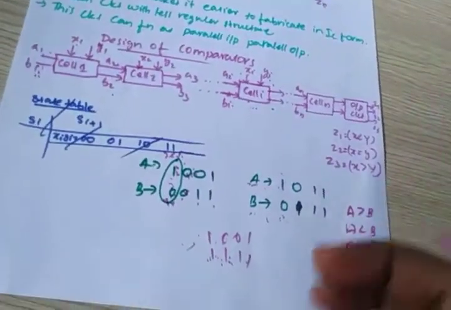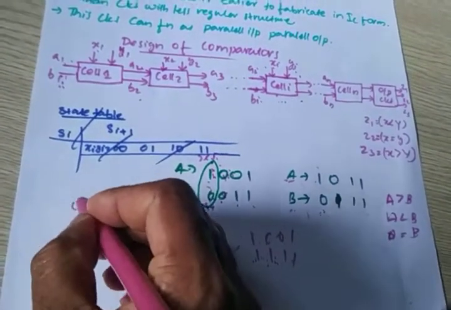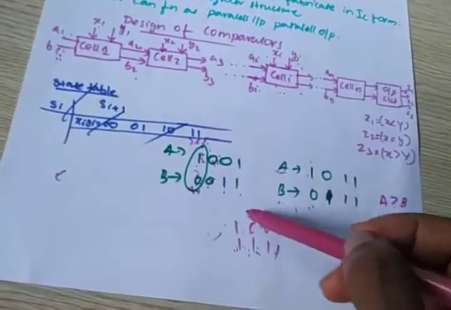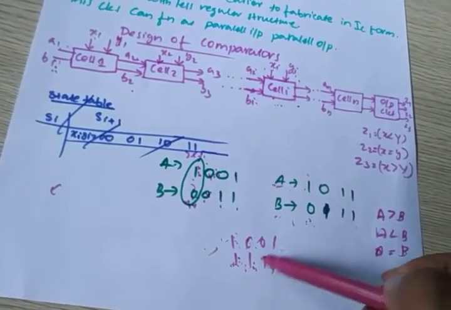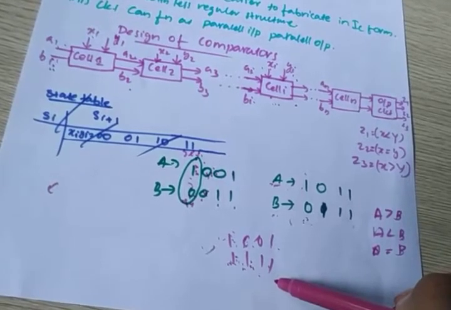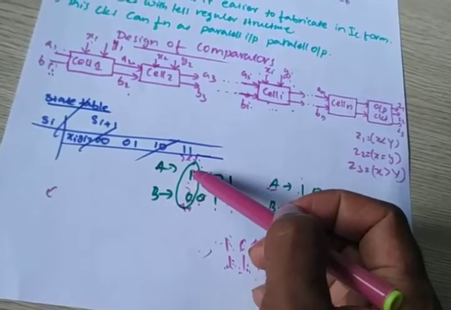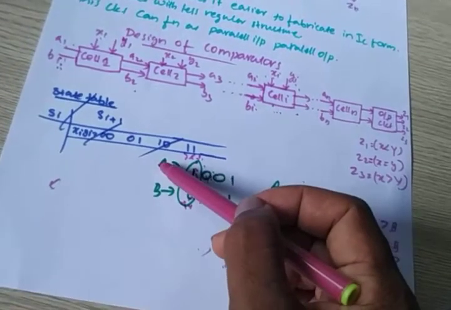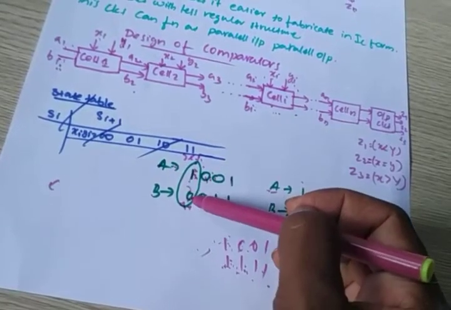See, in the first case, x equal to y, that means both bits are equal. Then we check for all other bits. But in the second case, it is written that a is greater than b. A is x, this is y, and x is 1, y is 0, x 1.